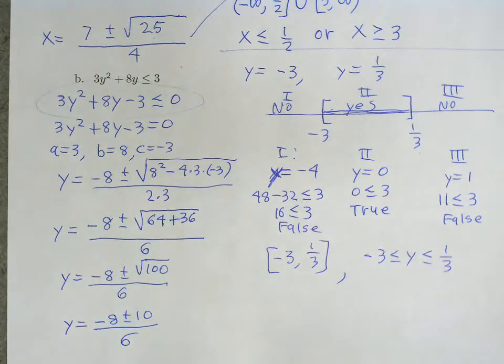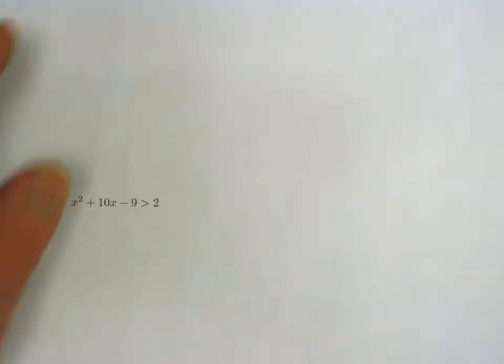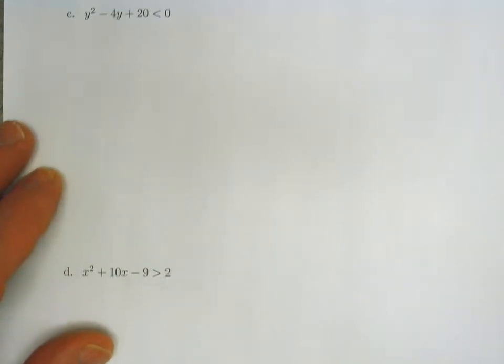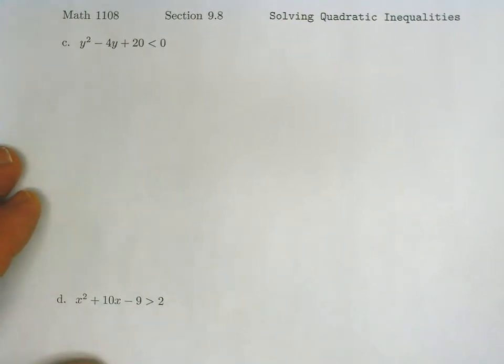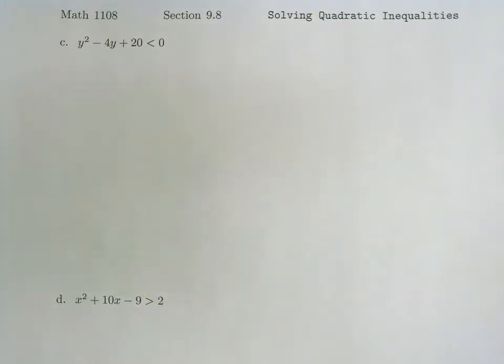Okay, those two examples are fairly nice. We will see some other sorts of things that can happen. So the next example: solve y to the second minus 4y plus 20 is less than 0.